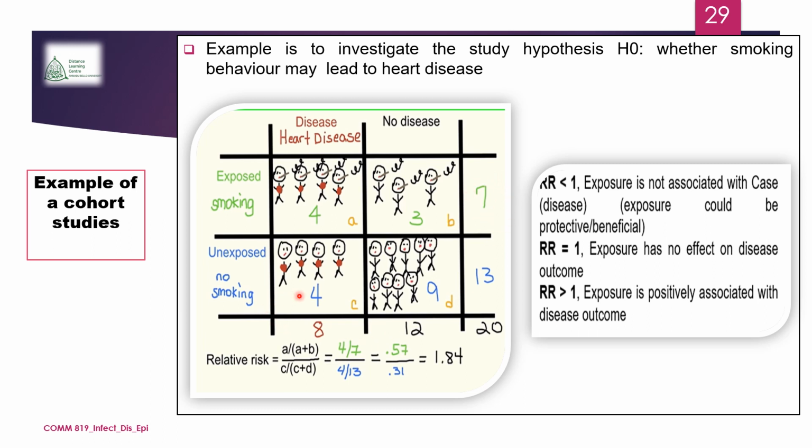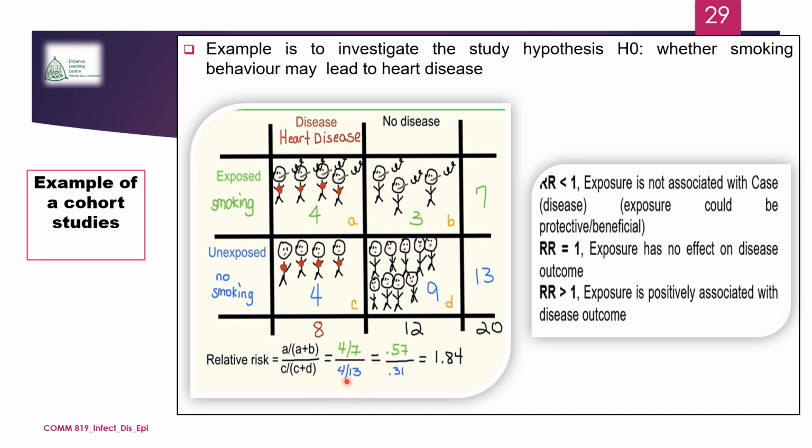Then the incidence of heart disease in non-smokers, which is the control, will be those that came up with heart disease, which is 4, over the total number that enrolled for the study, which is 13. So you have 4 over 13.